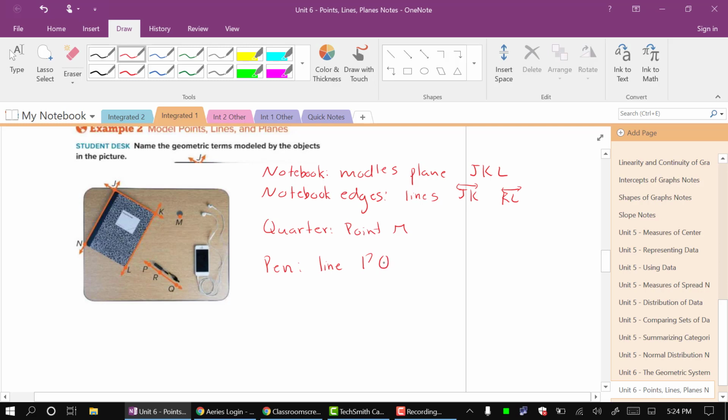P, Q, or we could say line P, R. Looking at this, using another idea, collinear, points that lie on the same line, that would be P, Q, and R. That's why we had for the pin 2 different points, because they are collinear.